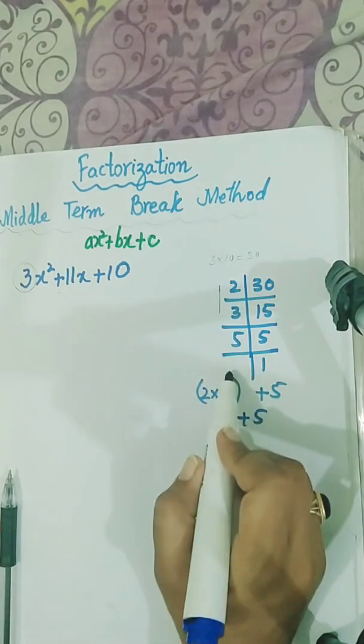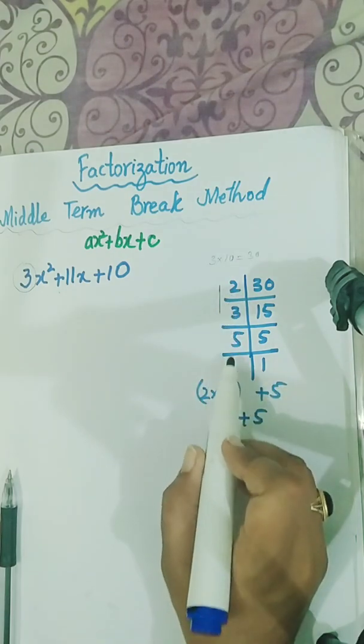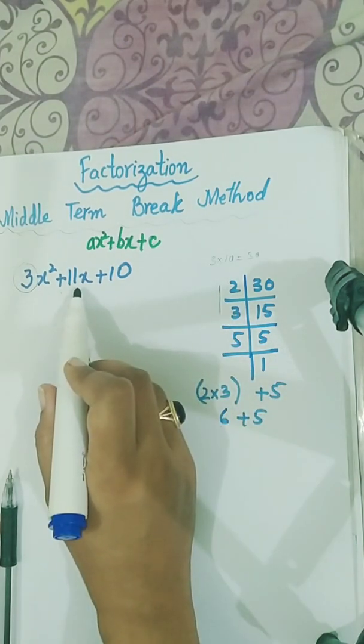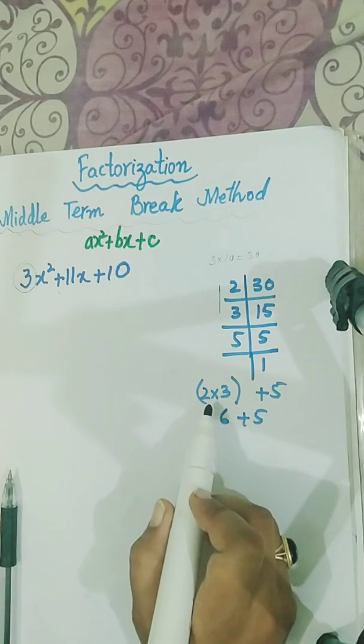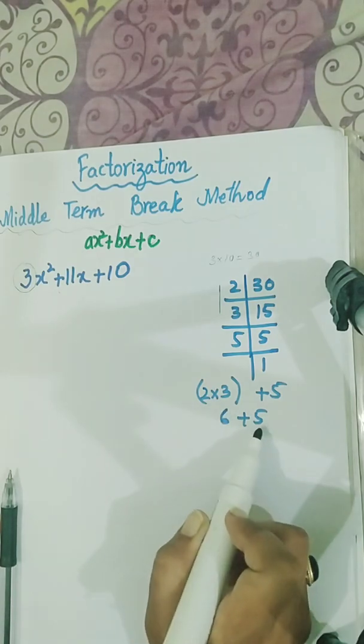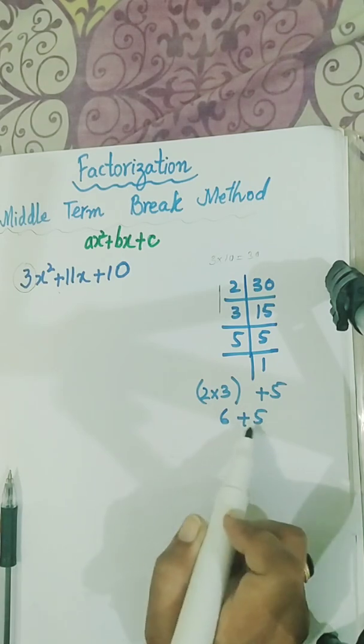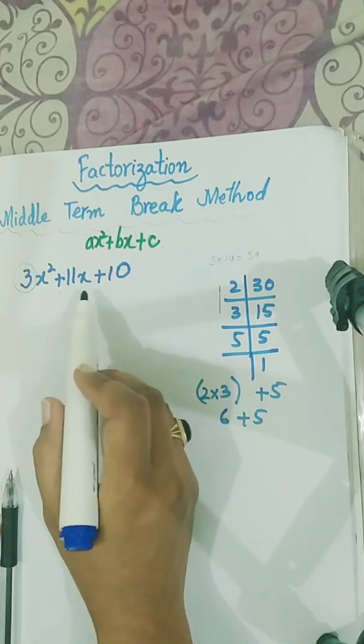I need to use all these numbers to make 11. I know that 6 into 5 is also a factor of 30. 6 fives are 30, and 6 plus 5 becomes 11.